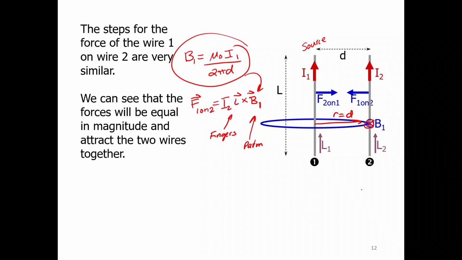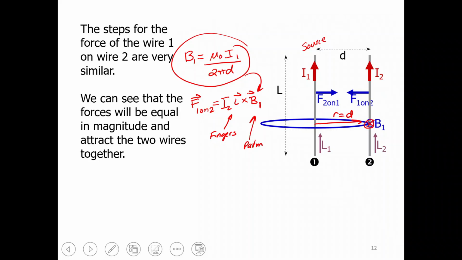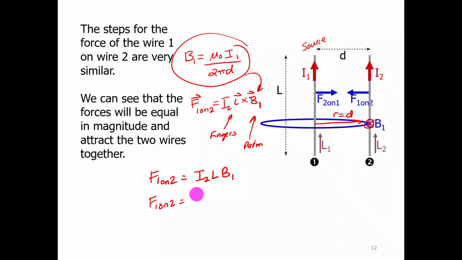If you plug in and do the math, what we find is that F of 1 on 2 is equal to I2 L times B1, because we can ignore the cross product since they're perpendicular. Sub in for B1, and we get F1 on 2 is equal to I2 L mu naught I1 over 2 pi d.